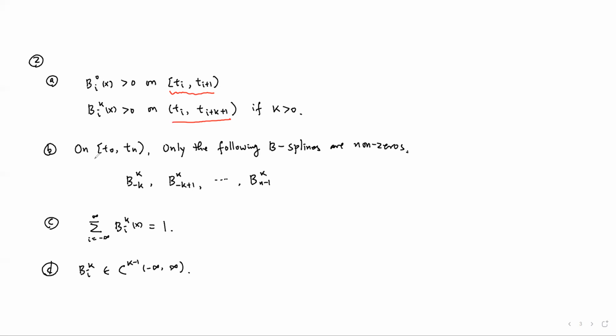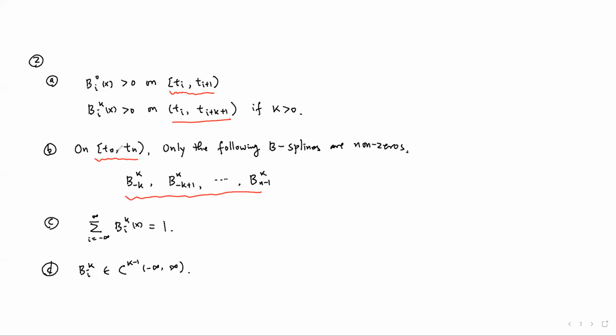And this is the interval that we are interested in, from t_0 to t_n. We have infinitely many basic spline functions, but only the following are non-zero over this interval.